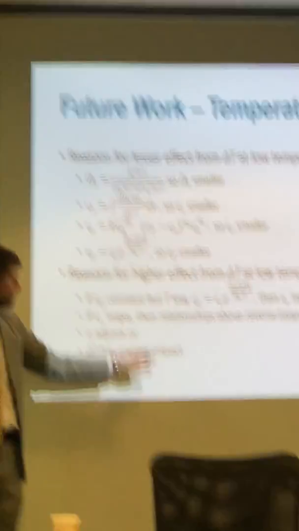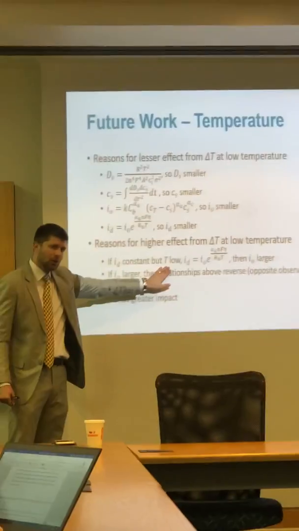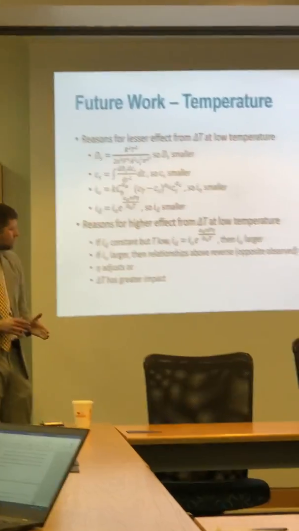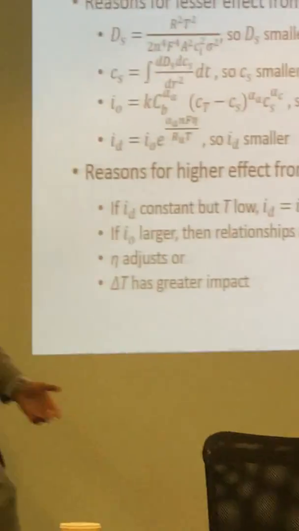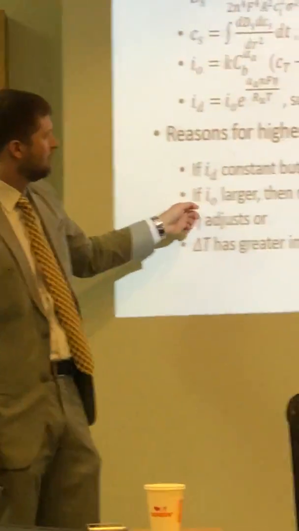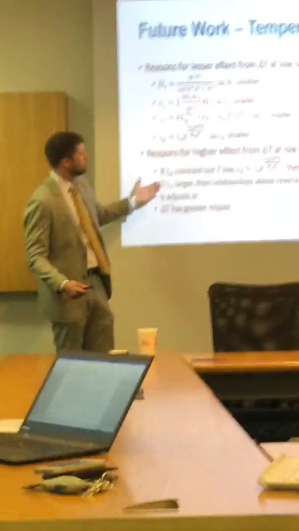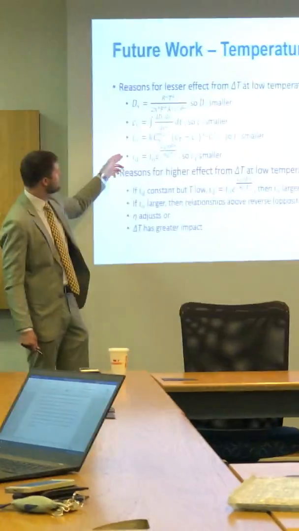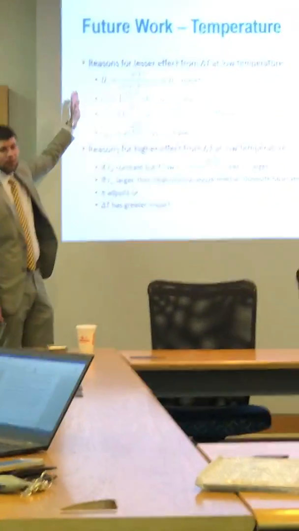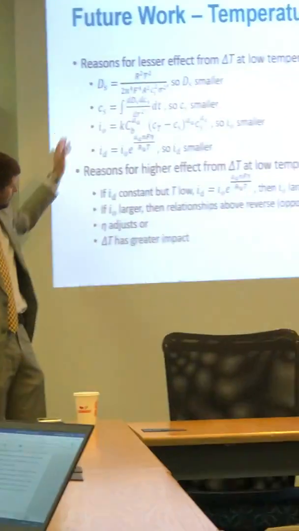So let's suppose the ambient temperature is low, but you're maintaining a constant exchange current, or a constant current density. Well then, something has to give. Maybe it's probably going to be the exchange current, but if you have a larger exchange current, what's going to happen? Well, maybe these relationships go in reverse. Well, we know that's not the case because of Fick's laws.